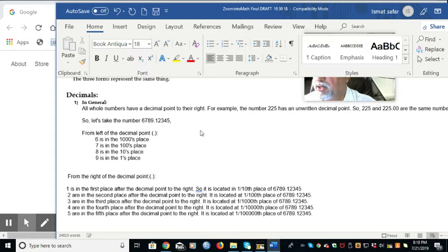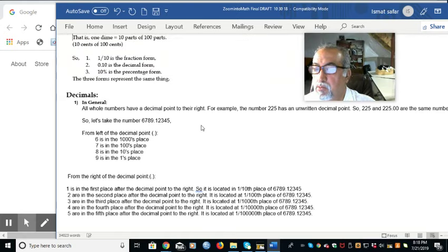If we have the number 225, the decimal point, see this number here, 225, actually it has a decimal point 0.00. Any number has decimal point 0.00. So that is your decimal number.